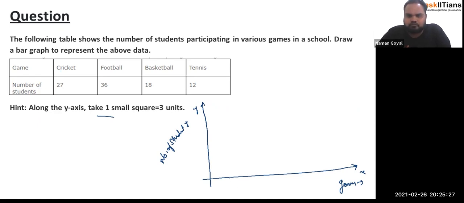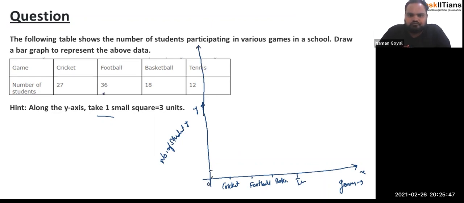So cricket, football, basketball, and tennis. You have to draw more, because 36 is there.